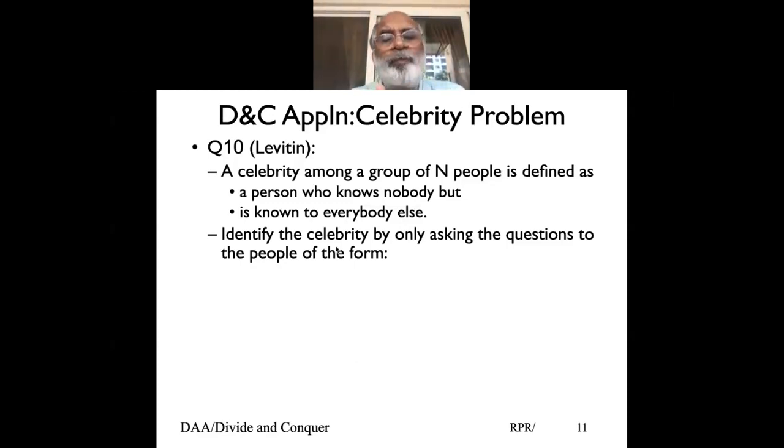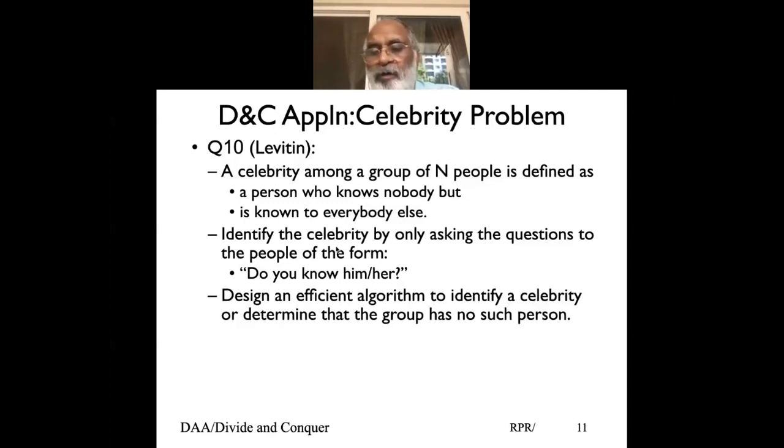So given a group of people, the problem is, can we find whether there is a celebrity in this group or not? To find a celebrity, you need to ask people questions: do you know him or her? The answer is yes or no, and based on that, you can decide whether someone is a celebrity or not.